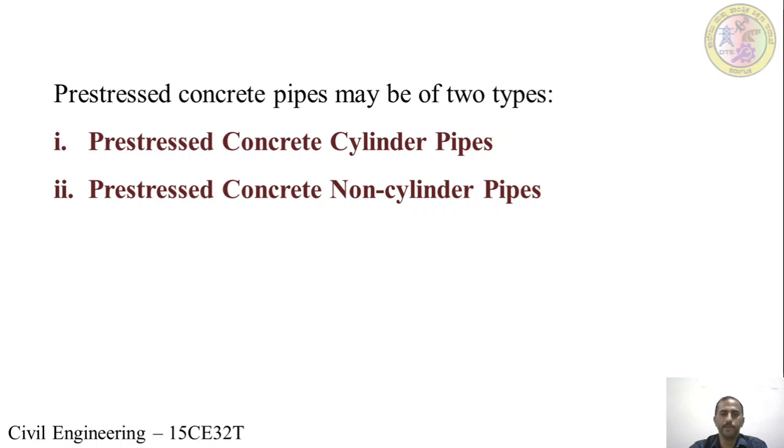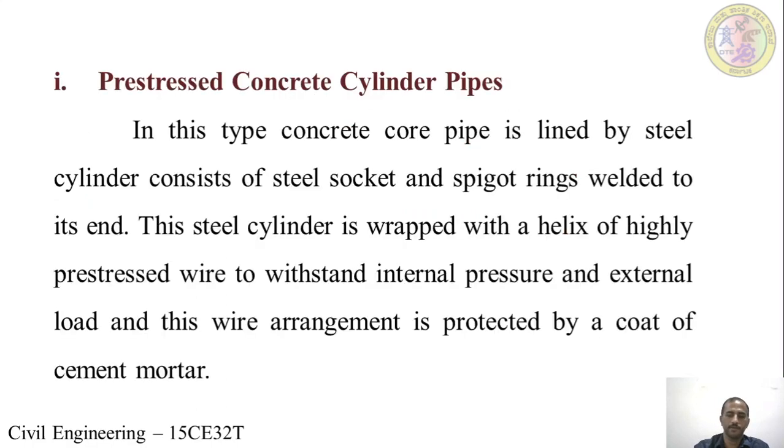Pre-stressed concrete pipes are of two types. First one is pre-stressed concrete cylinder pipe. Second one is pre-stressed concrete non-cylinder pipes. Let us learn about the first one, that is pre-stressed concrete cylinder pipe.